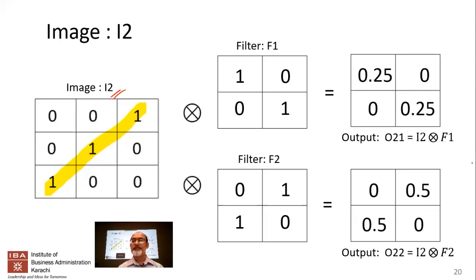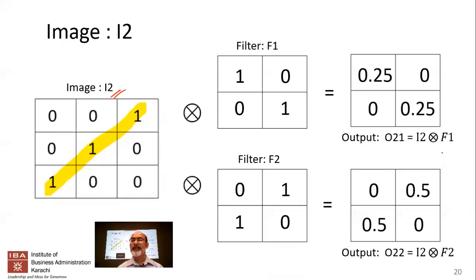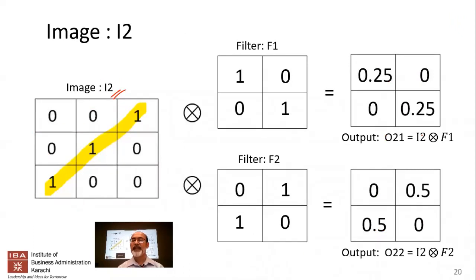Now if we go ahead and try to figure out what would happen with the same results: earlier we said that y1 is greater than y2, and so it was supposed to be a downward sloping image. In this case, y2 is actually greater than y1.